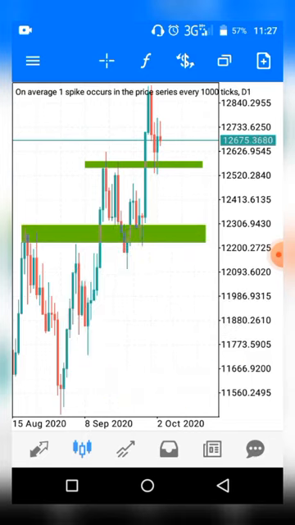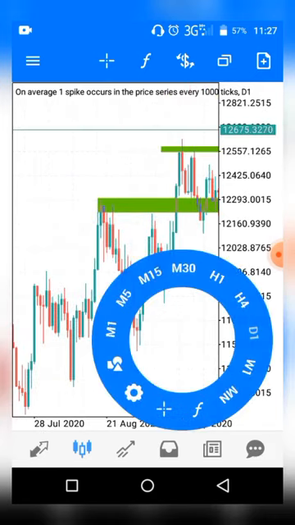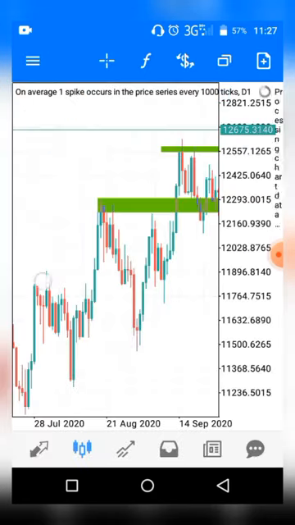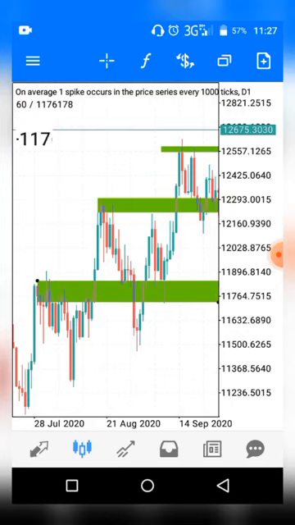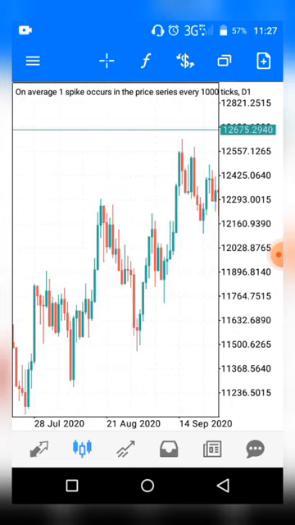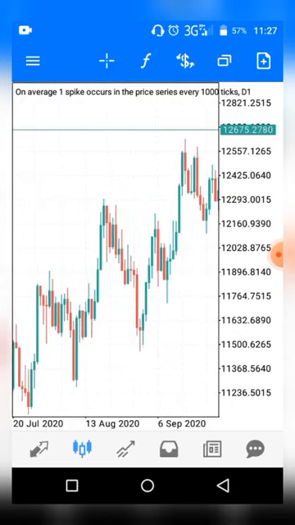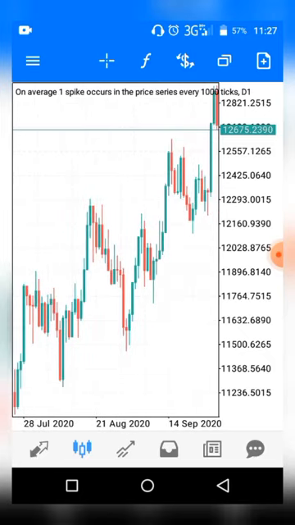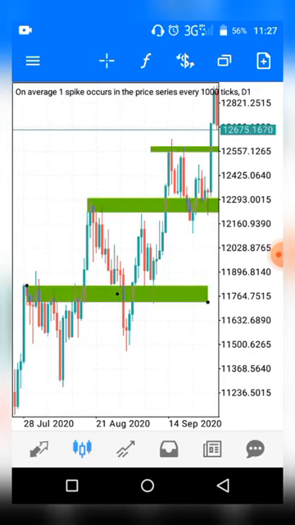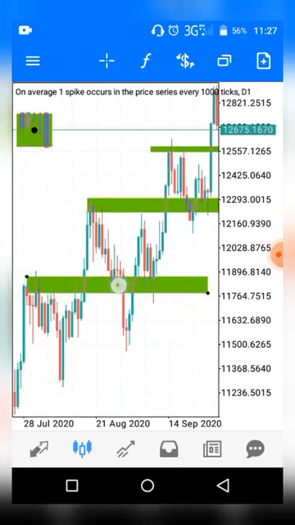Then we're going to make another one here. So what I want to explain here, what I want you to understand here is, anytime the market breaks a certain resistance zone, it creates support.